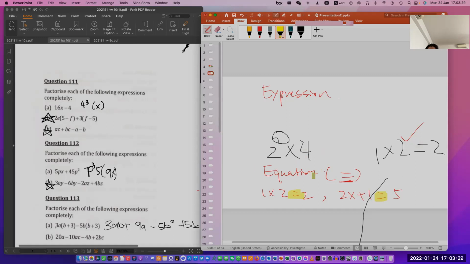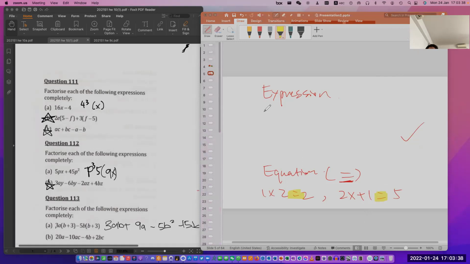Okay, next, let me just erase your annotation first. So let's talk about an expression. You gave 2 squared times 4. Strictly speaking, this is not an expression.